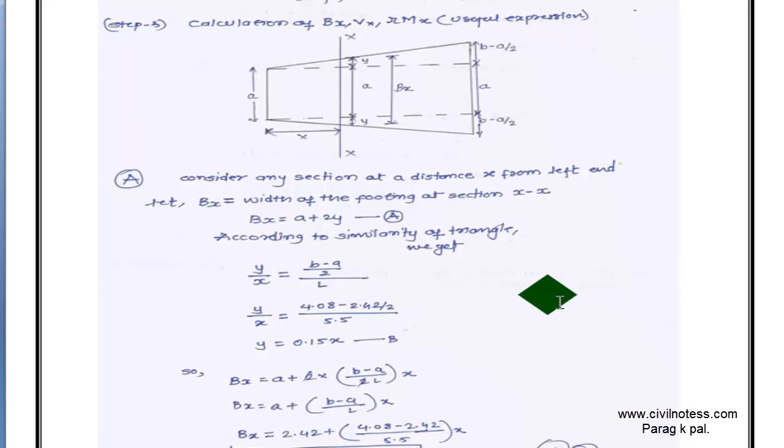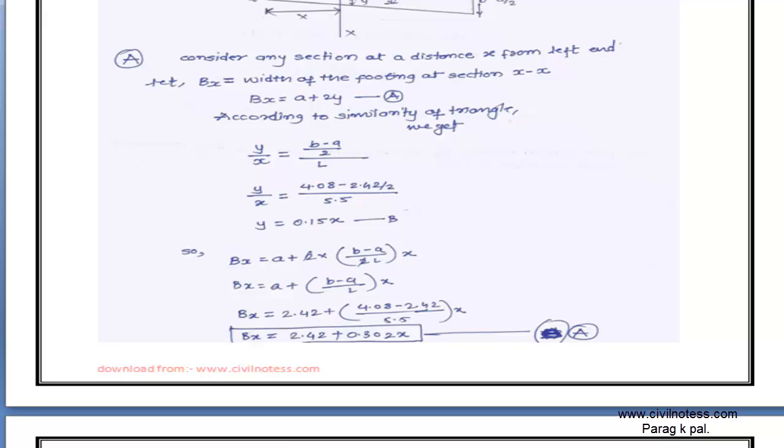Solve the numerical and you get the relation y equals 0.15x. Now place the 0.15x in the Bx formula. The 2 gets cancelled, so Bx equals a plus (b minus a) by l into x. Put in the values and you get the relation Bx equals 2.42 plus 0.302x. This is one equation.